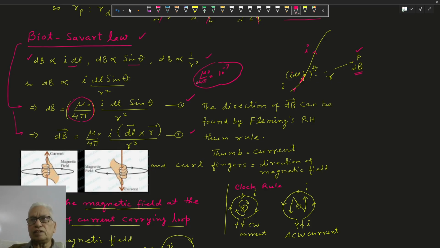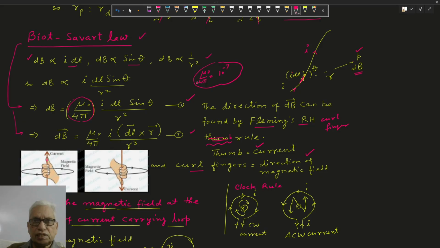Now, direction of magnetic field can be found out by, say, Fleming's right hand thumb rule. Actually, this is not called thumb rule, it is the right hand curl finger rule. Here, thumb in the direction of the current and curl fingers will be in the direction of magnetic field. So here you can find out the thumb in the direction of current and curl fingers will tell you the direction of magnetic field.